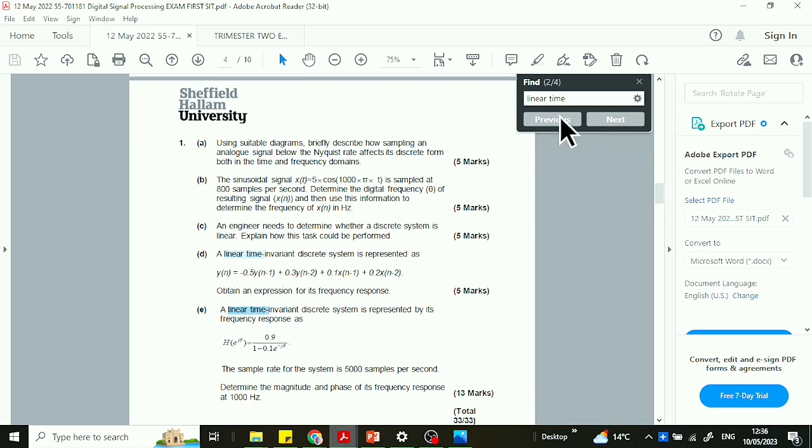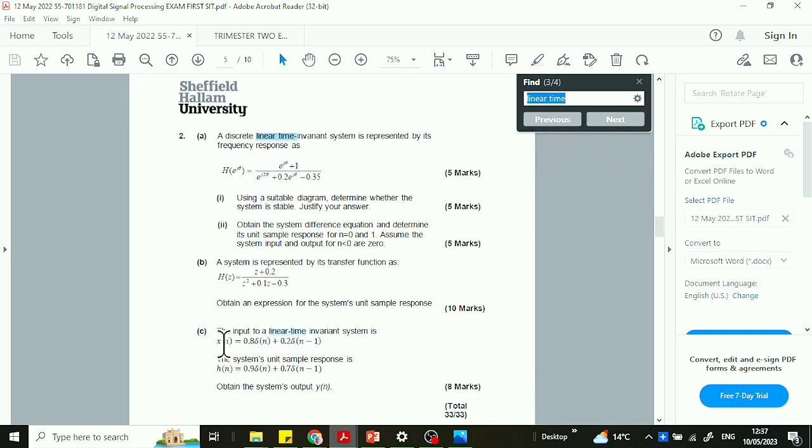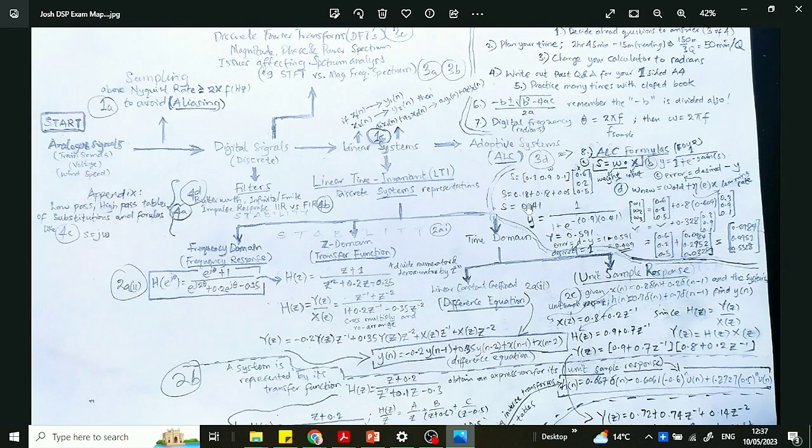Next, the input to a linear time invariant system. So you see, it pops up many times, about 4 times in just one exam. It's as good as once per question. So the story came from here, and it came into this side. Just keep following like that to help you understand where to place things as you work through.